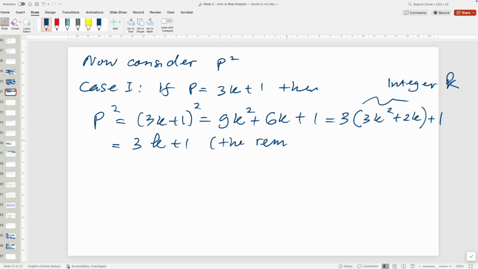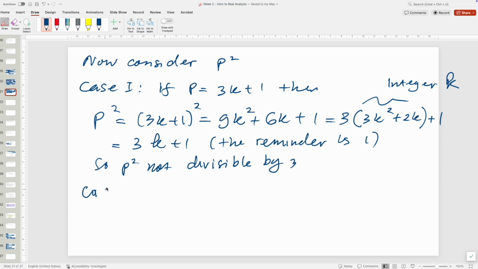The remainder is 1. So P square is not divisible by 3.